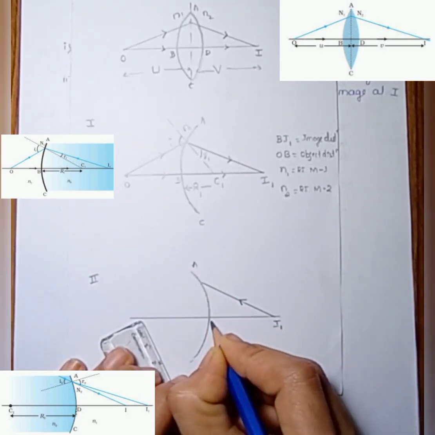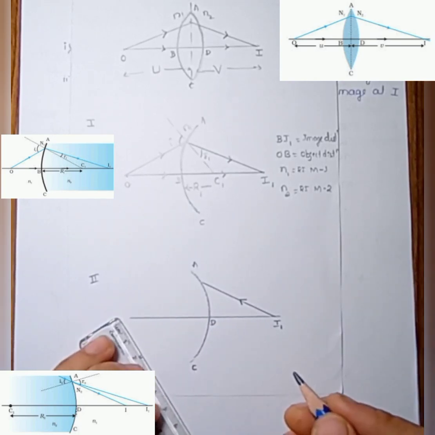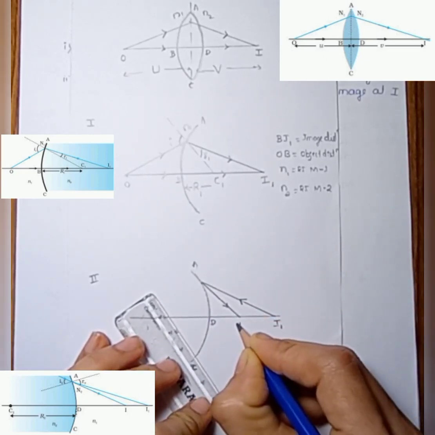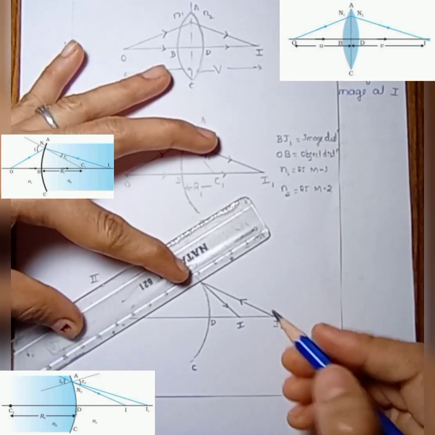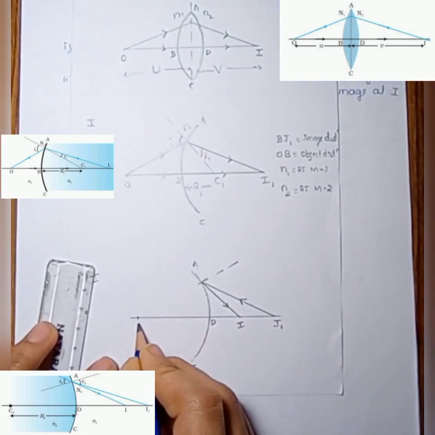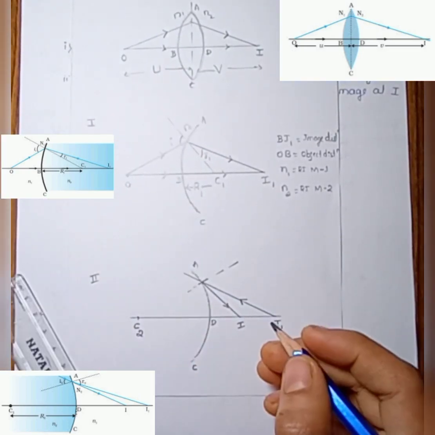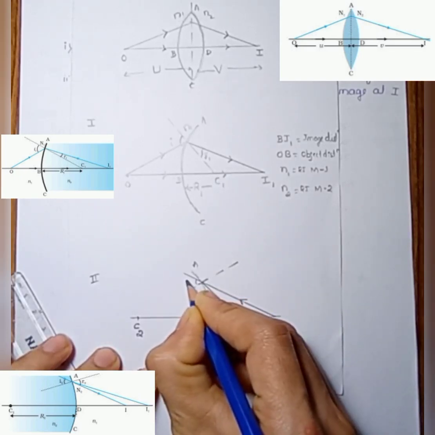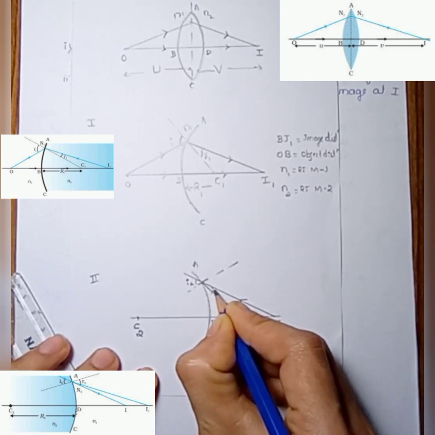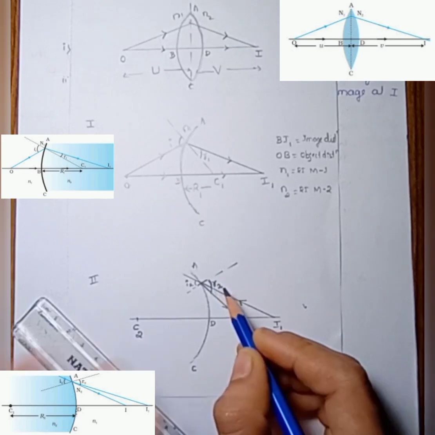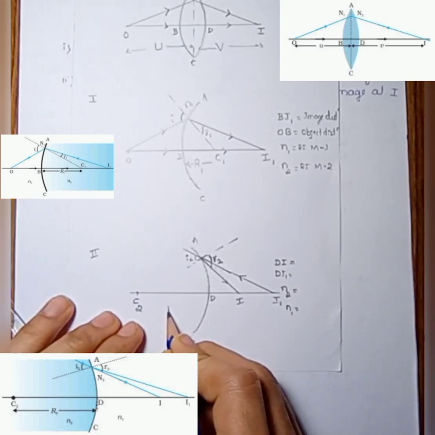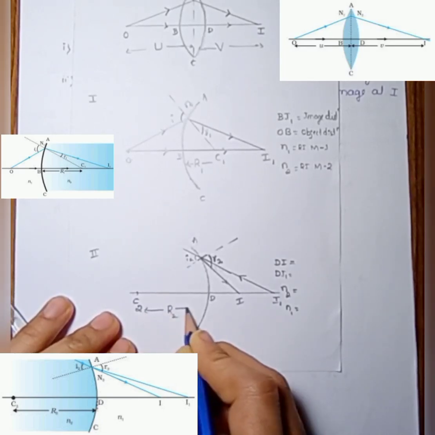That one is A, D, C, and it forms the image at I. Here C2 is the center of curvature, I2 is the angle of incidence and R2 is the angle of refraction. For the second refracting surface ADC, R2 gives the radius of curvature.